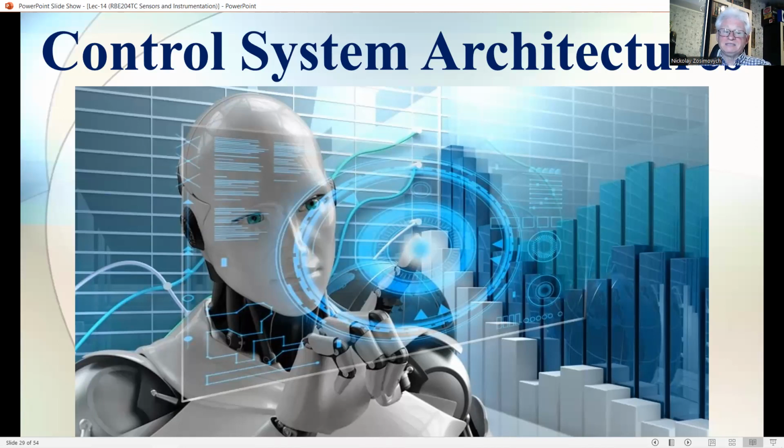The overall system that includes at least the plant and the controller is called the control system. The system can be quite complex and may be subjected to known or unknown excitations, as in the case of an aircraft.